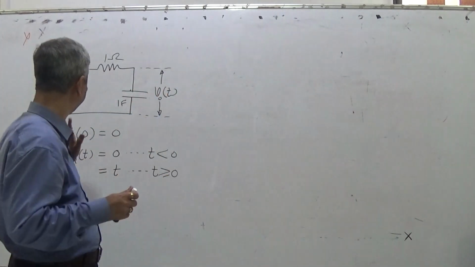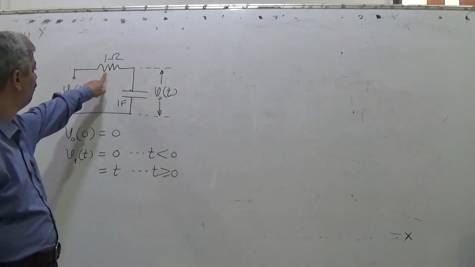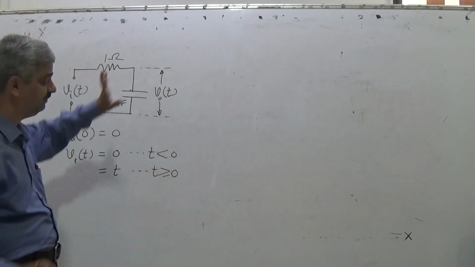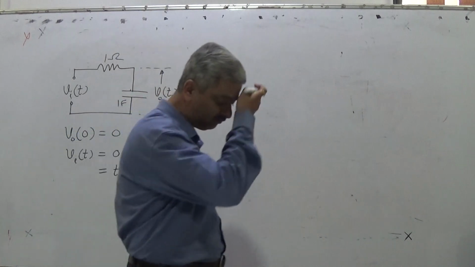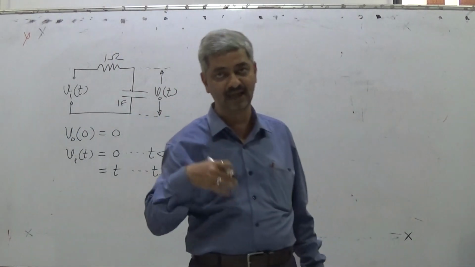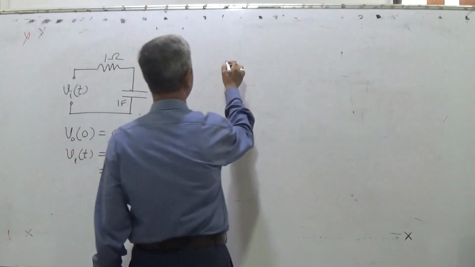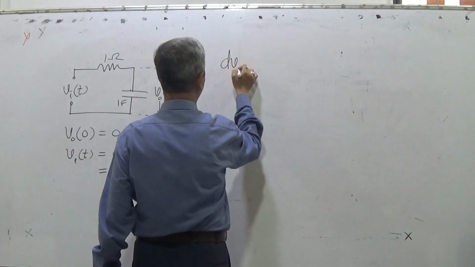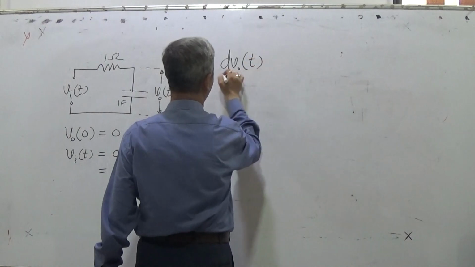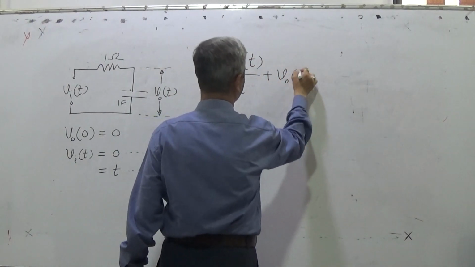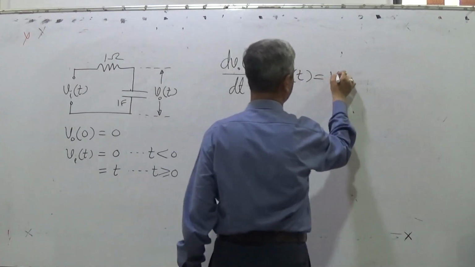So number one, the circuit is the same: 1 ohm resistance, 1 farad capacitor, V in and VO. We will not waste time developing the differential equation. It is dVO(t)/dt plus VO(t) is equal to Vin(t).